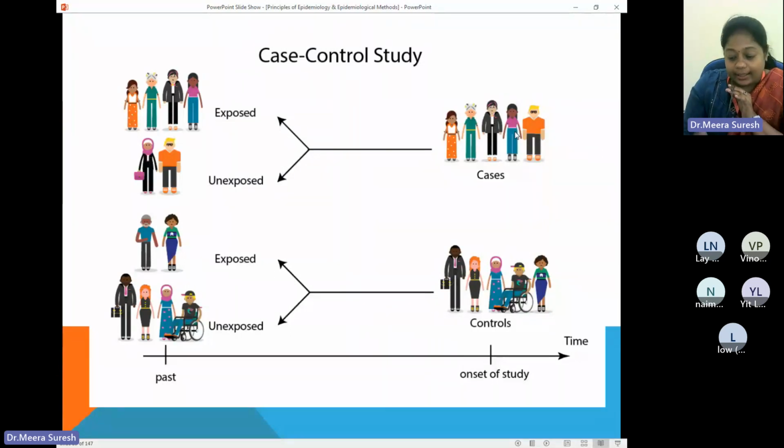But for case control, I again repeat, the exposure is the smoking, and the outcome is the disease, the lung cancer. Both have happened already in the past. Now you are just taking data and making some analysis. So this is the basic design of a case control study.